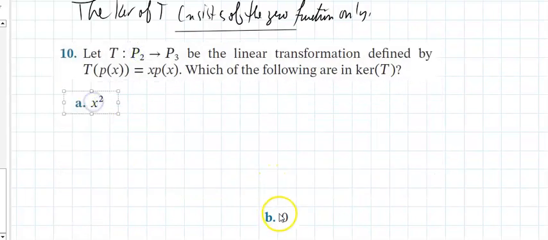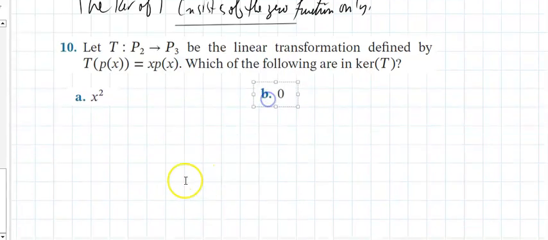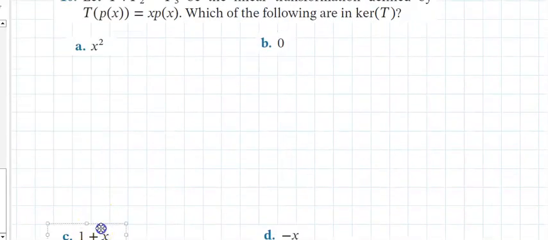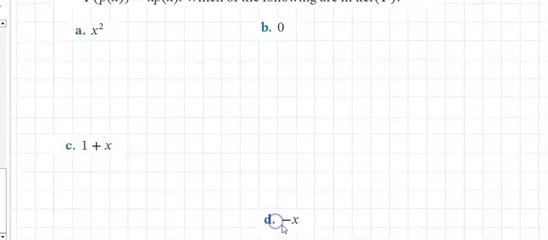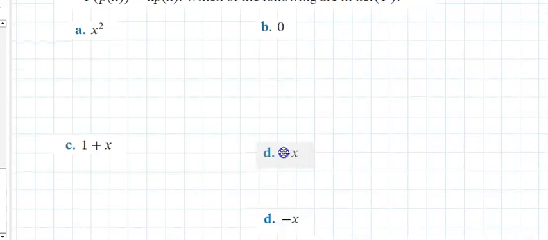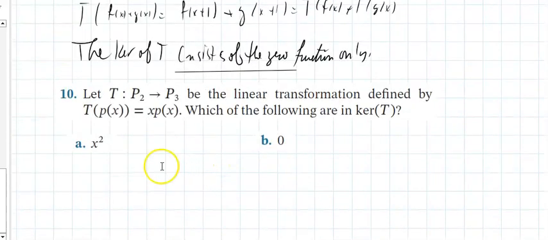This is really nice. Let's do b first. We're going from P2 to P3, from quadratic to cubic. That's not a problem. Let T be a linear transformation defined by this. Which of the following are in the kernel?